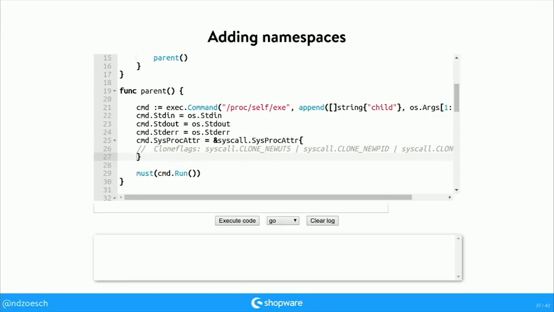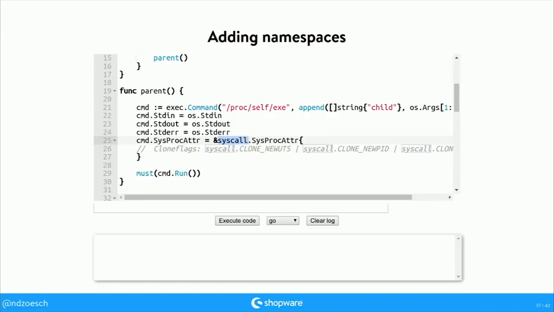I'll explain. What we have here is another attachment to our command. The command has an attribute, SysProcAttr, somehow like that. And then we have a package, this is a Go package here, syscall, which is just a package that directly communicates with the underlying operating system, so to say.